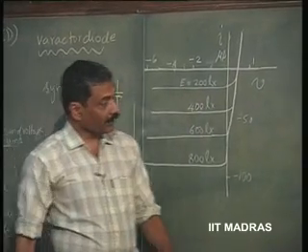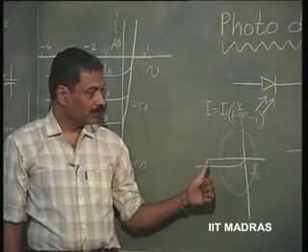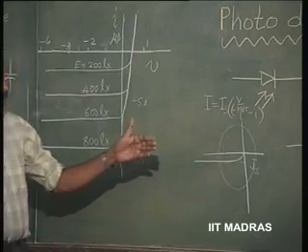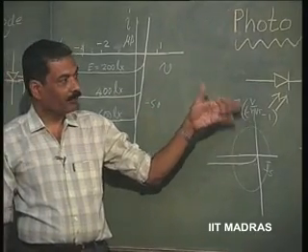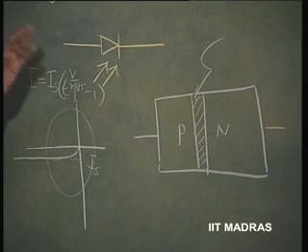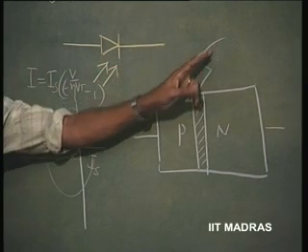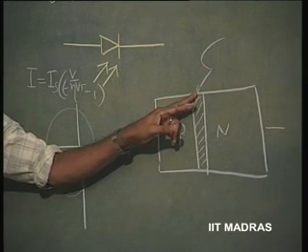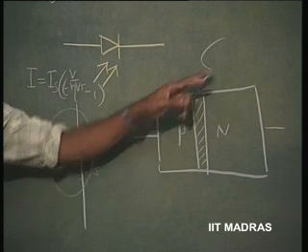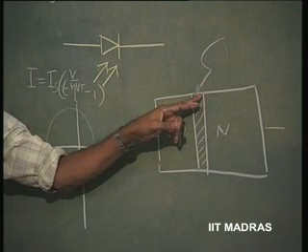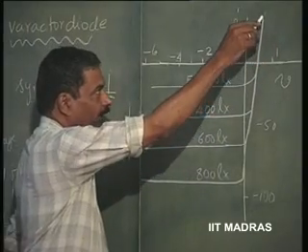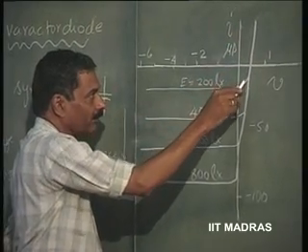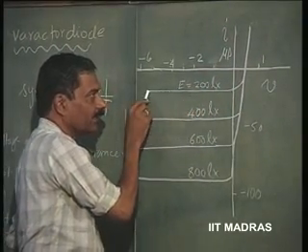Basically, remember that you are increasing the reverse saturation current and providing a sustained reverse saturation current of increased magnitude by giving light energy here. So, this is the source from which it gets the energy. This particular diode characteristic now will be like this. This is the reverse saturation current saturating here.